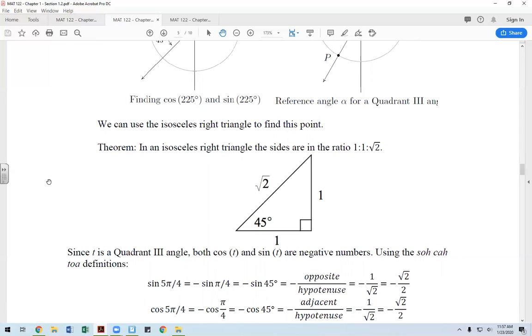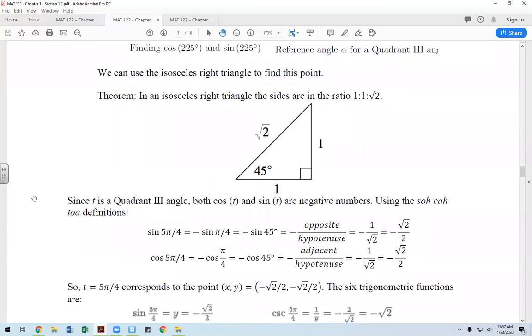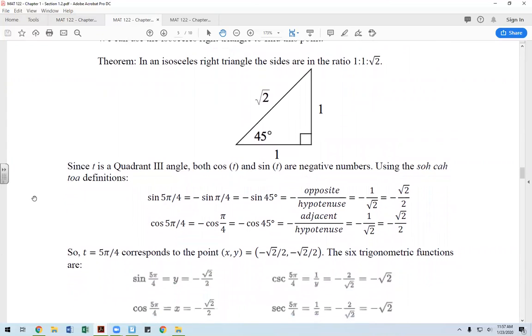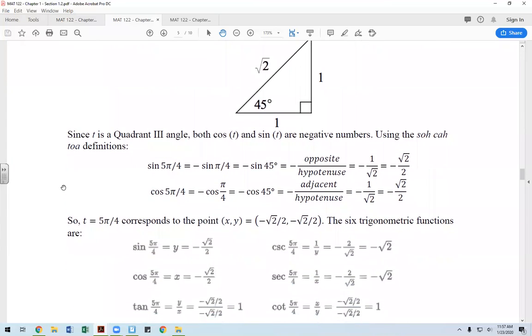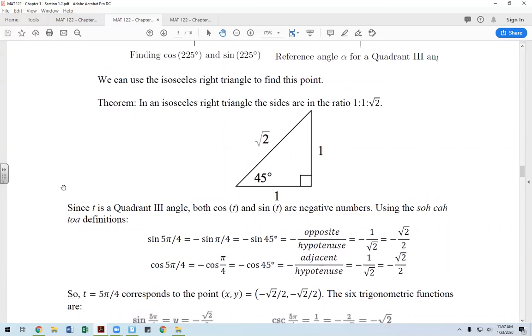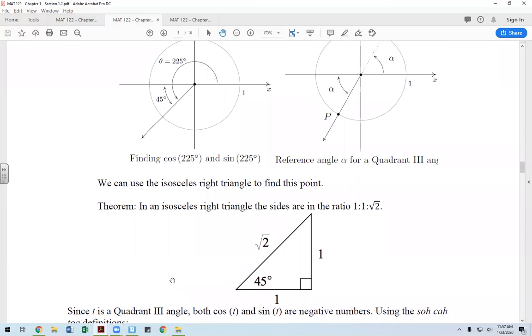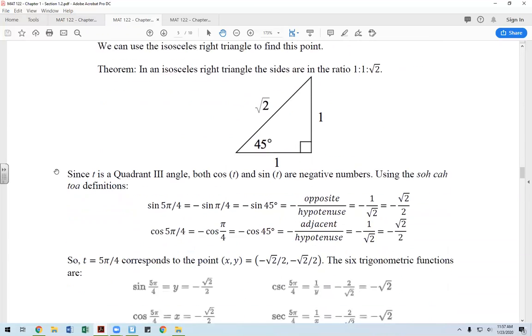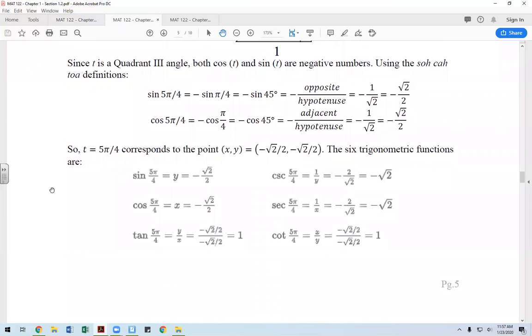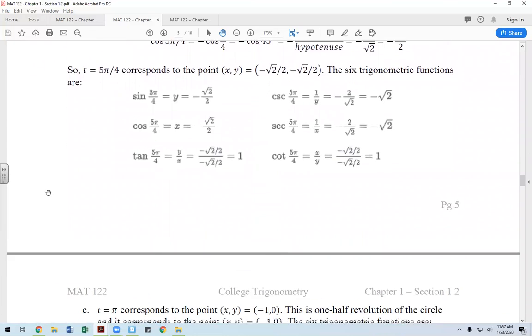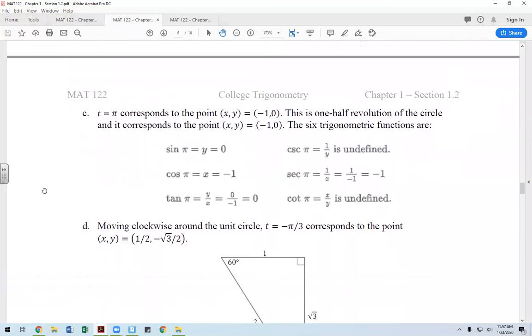So this is going to be the ratio of 1 to 1 to square root of 2. So again, using our SOHCAHTOA, you can come up with your sine and cosine values, which is where our square root of 2 over 2 comes in. We know these guys are quadrant 3, so they're both going to be negative numbers. Okay, and then of course we have our 6 different functions based on that.